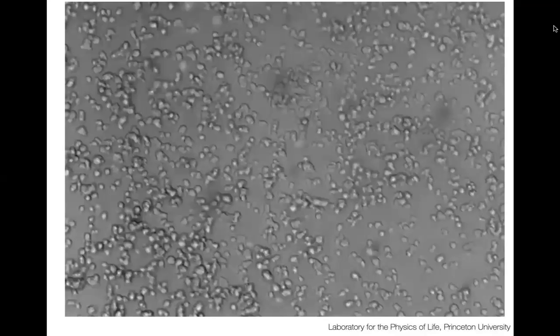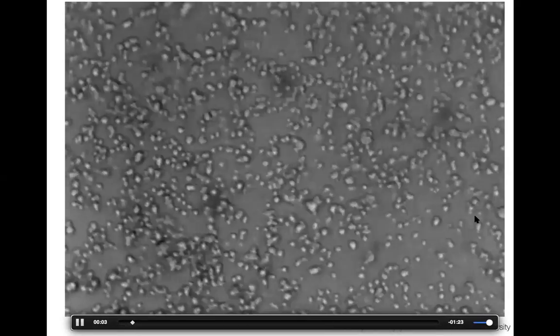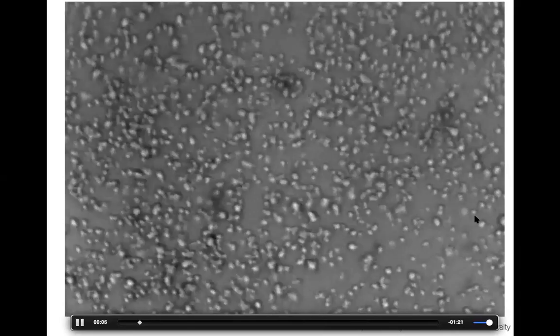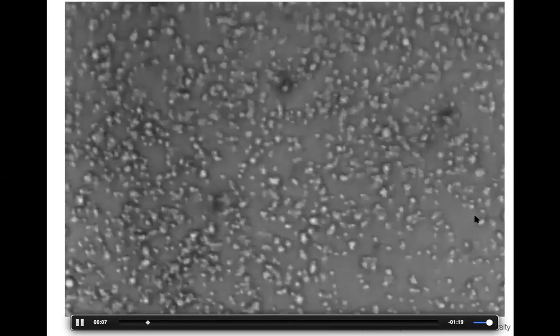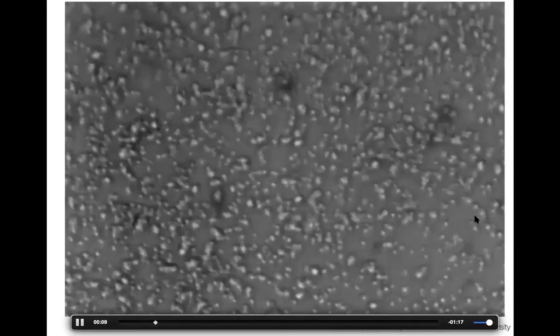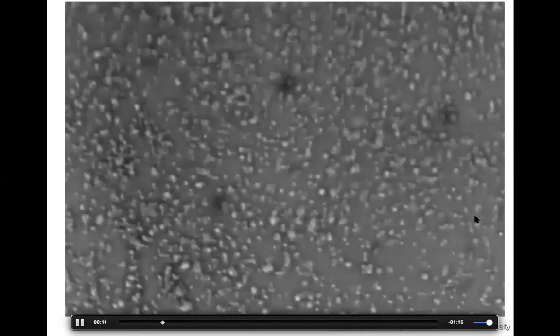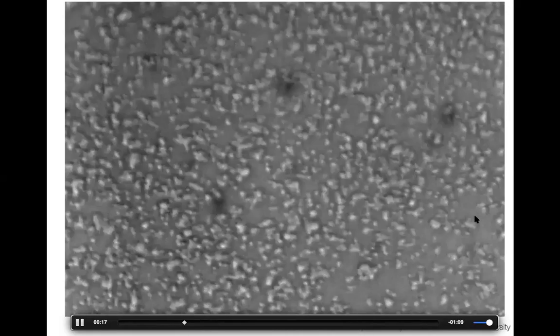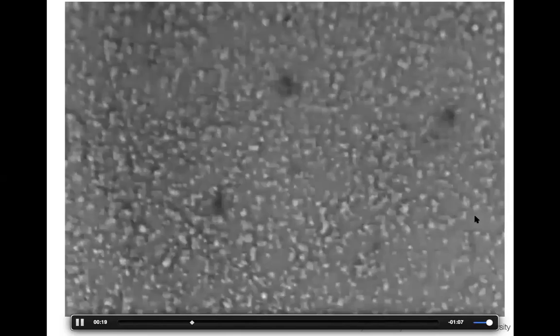So I thought I would show you single cells developing. This is dictyostelium, and dictyostelium is generally single-celled, but in times of starvation it will come together. These are single cells moving around, and in times of starvation they clump together to form a fruiting body.